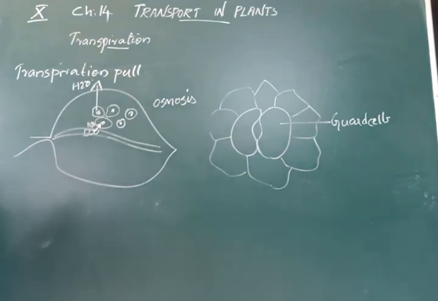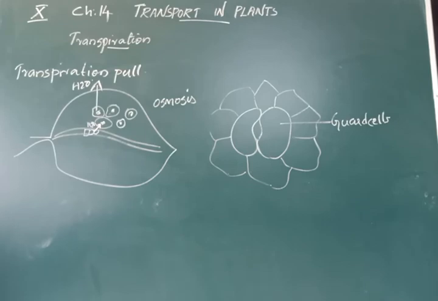As a result, more water is absorbed by the root hairs. This pull of water from the soil to the top of the leaves is called transpiration pull. As water is lost from the leaves, pressure is created at the top to pull more water from the xylem to the mesophyll cells. This process is called transpiration pull.